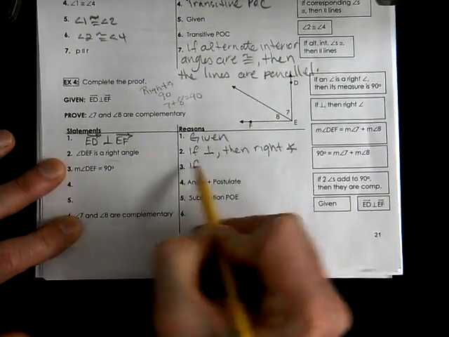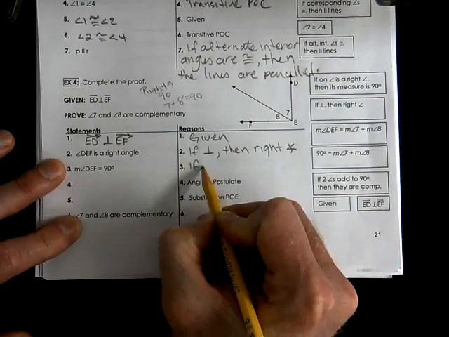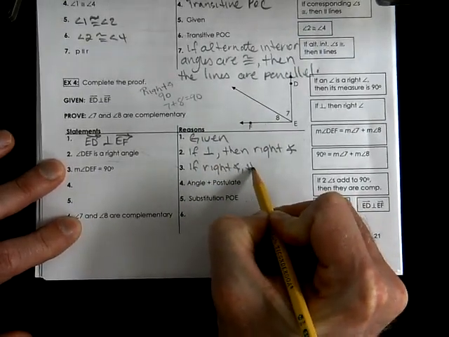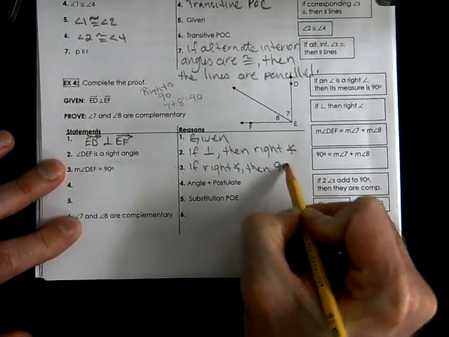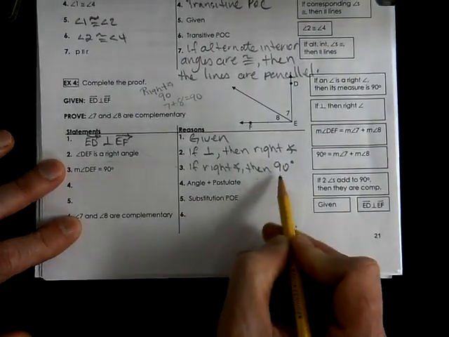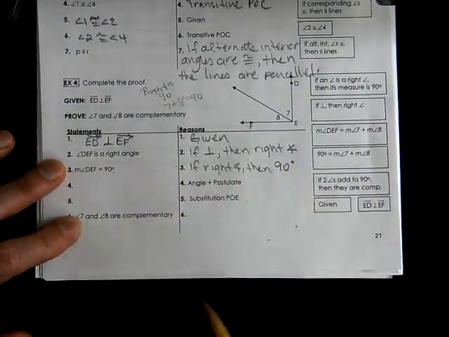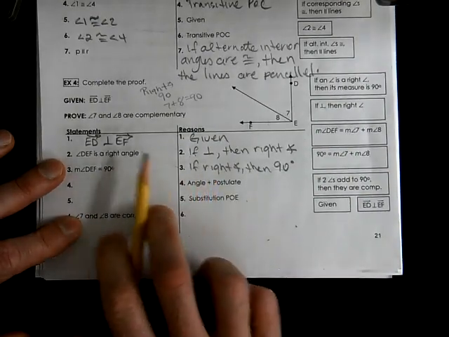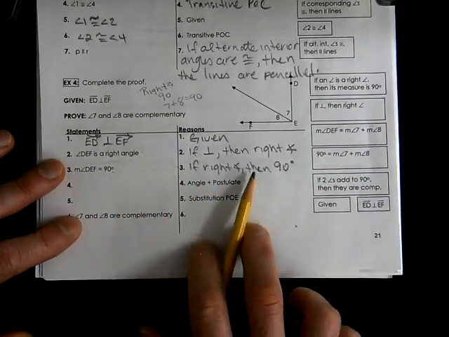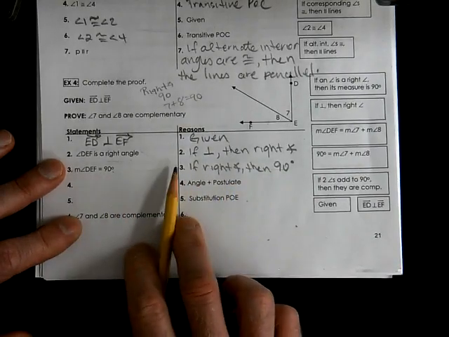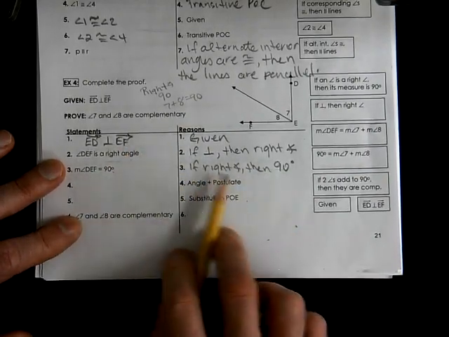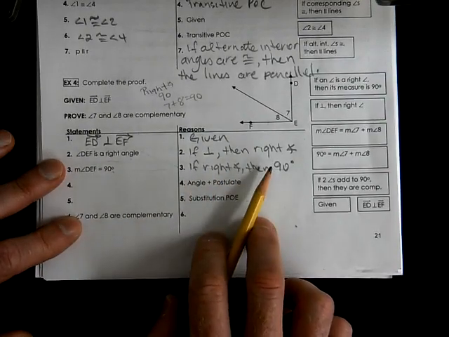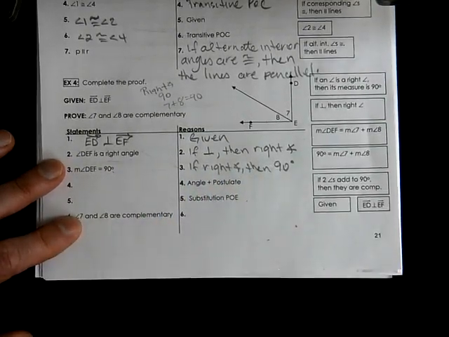So if right angle, then 90 degrees. If you have an angle that is a right angle, then its measure is 90 degrees. You can use all those words, or you can just shorten it up. If right angle, then 90 degrees.